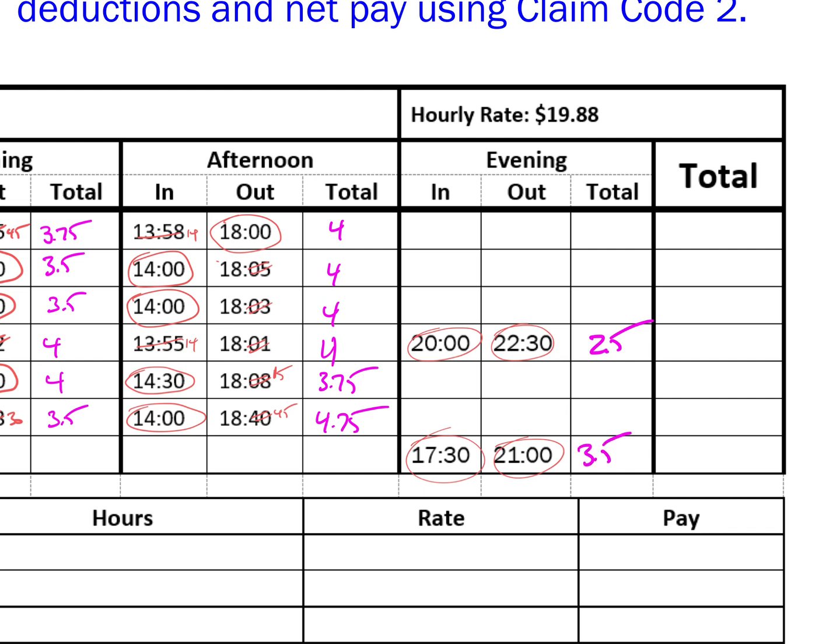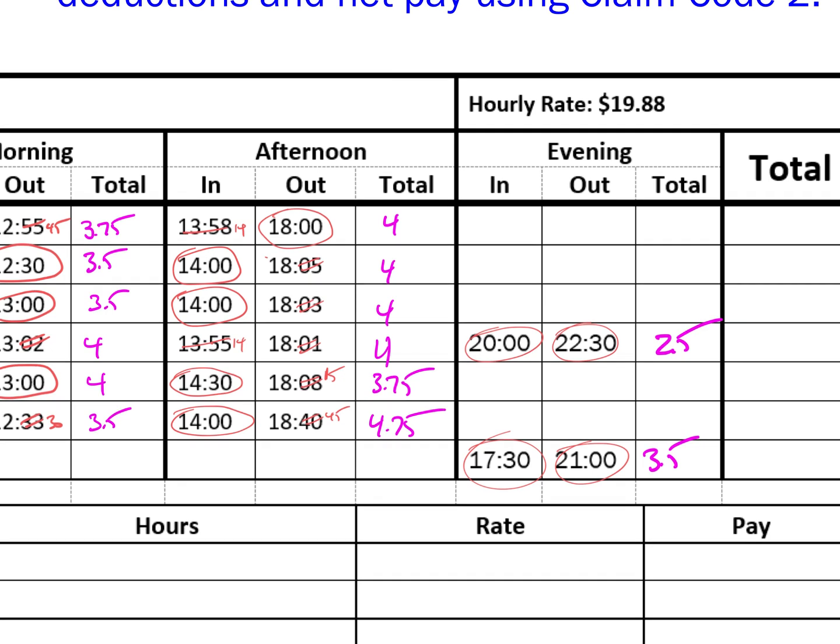Now we'll figure out our daily totals. Our daily totals are going to be 7.75, 7.5, 7.5, 10.5, 7.75, 8.25, and 3.5.